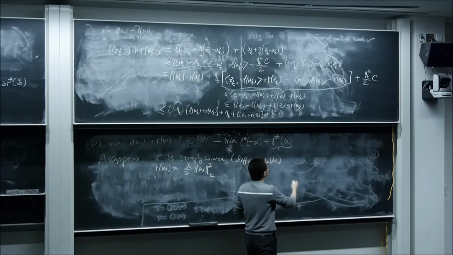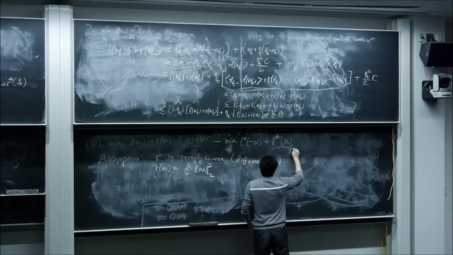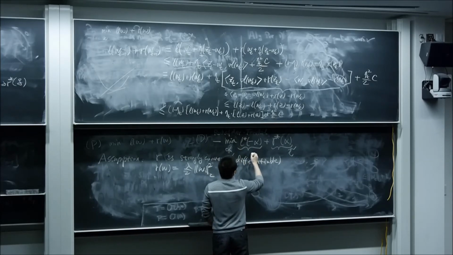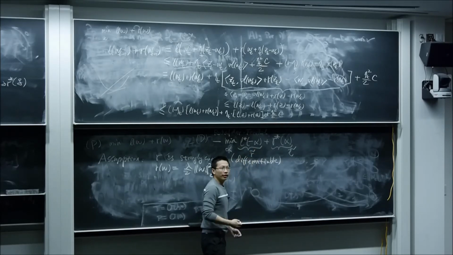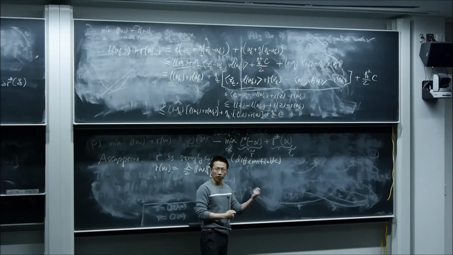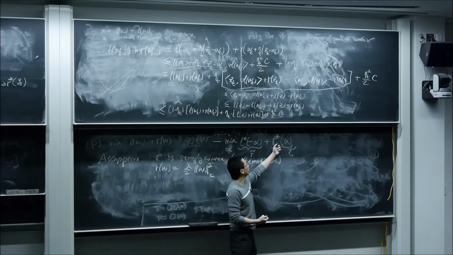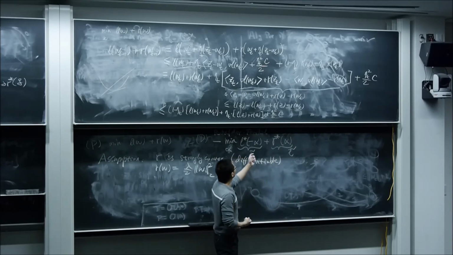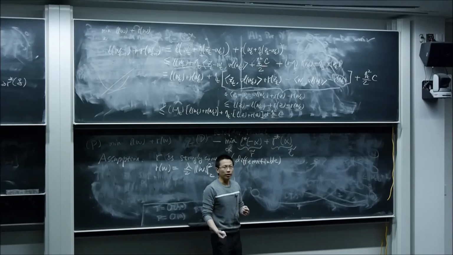You can pretend this is your loss, L tilde, and you can pretend this is my regularizer, R tilde. Okay? So in the dual, you swap the meaning of loss and regularizer. The Fenchel dual of the regularizer now becomes a loss, and the Fenchel dual of the loss now becomes a regularizer.